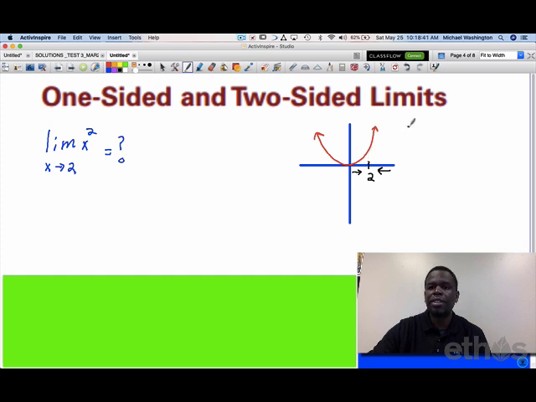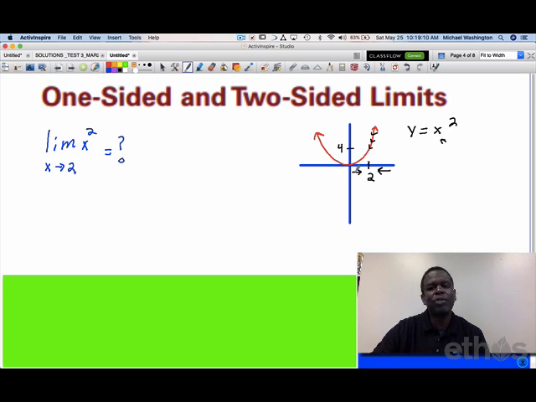And if you look at the function, you can kind of figure out what the answer is going to be. In essence, as we plug in 2.1 and 2.05 and 2.005, this function is getting closer and closer and closer to what value? What value do you think it's getting closer and closer to? That value would be 4. Okay, as we plug in smaller and smaller numbers on the right side of this function.